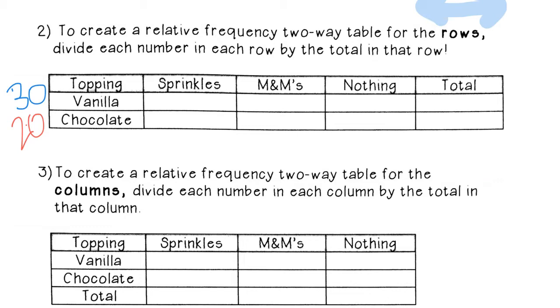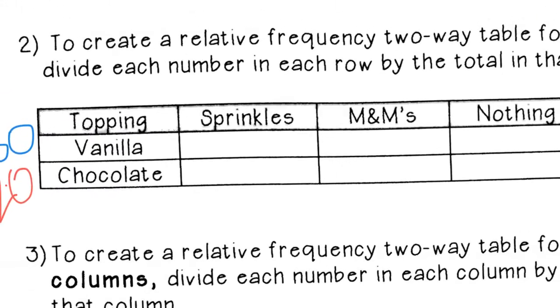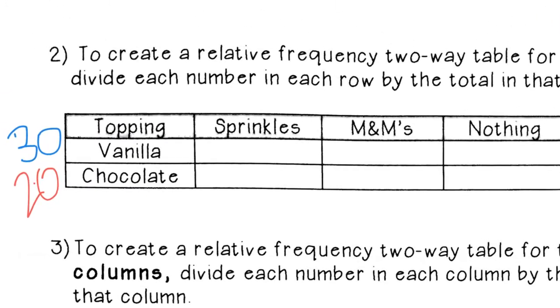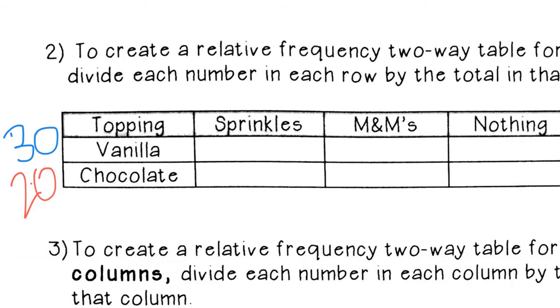So if we look here, let's zoom in here a little bit so we can see it better, and work our way across. So sprinkles, we had 9 votes out of the 30, and that equals 0.30. We had 7 divided by 20, which gives you 0.35.